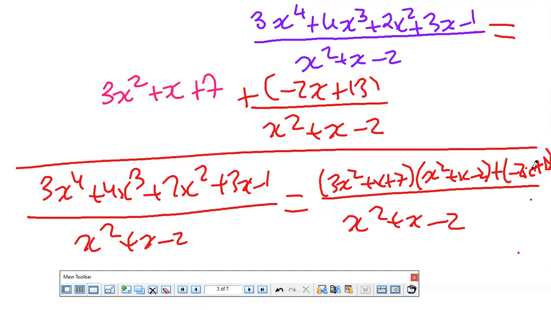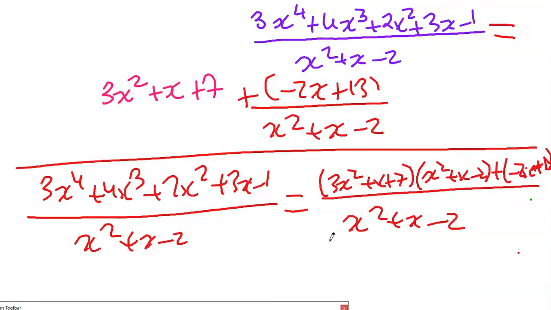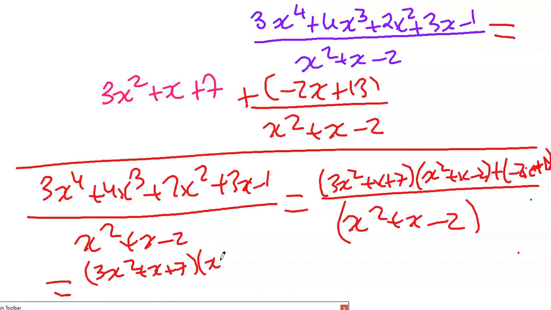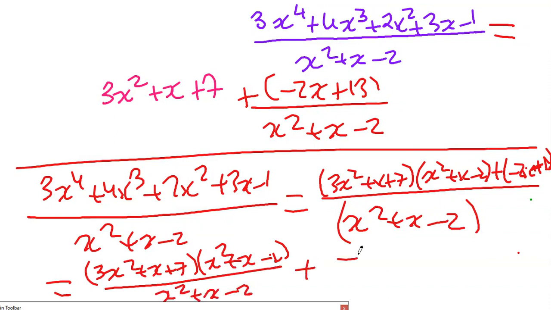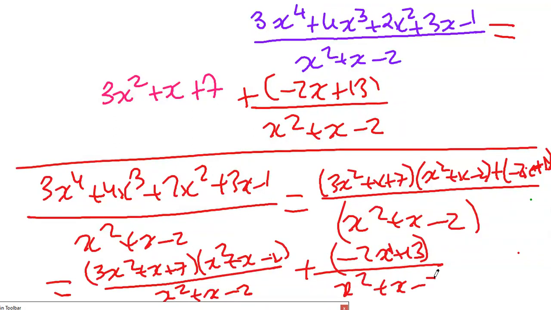Sorry, I made a mistake there. So if I separate those fractions, I can write it like this: 3x squared plus x plus 7 times x squared plus x minus 2 over x squared plus x minus 2, plus minus 2x plus 13 over x squared plus x minus 2.